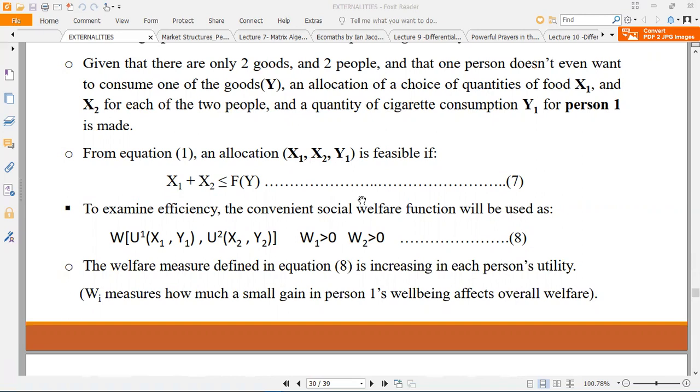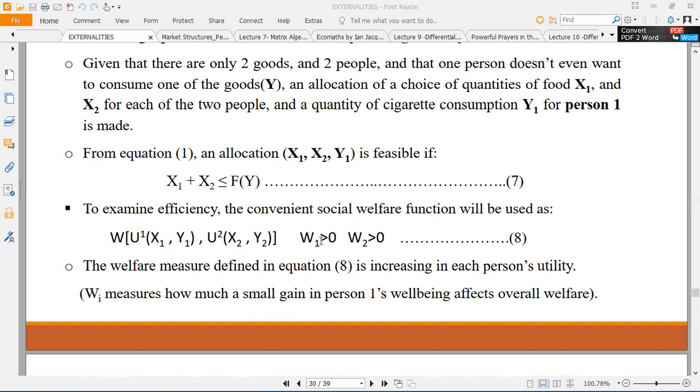Now we are taking the social welfare function to be of this form. Total welfare is a function of the utility generated by the first individual from the consumption of good X and good Y, and the utility for the second individual generated from the consumption of good X and then good Y. Now, the marginal welfare for both individuals will be greater than 0.